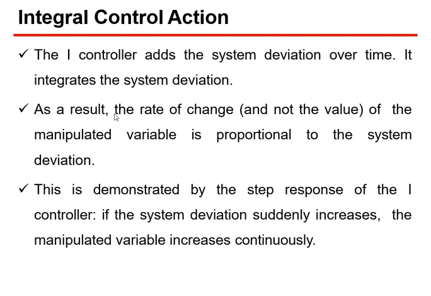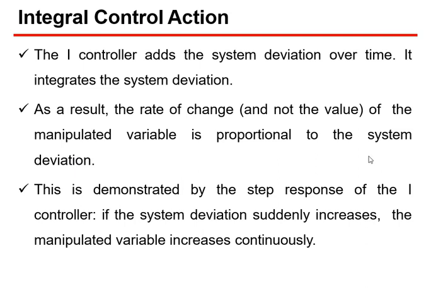As a result, the rate of change, not the value, is important. We are talking about the rate of change, not an exact value. So the rate of change of the manipulated variable is proportional to the deviation, meaning it takes the integration of that system deviation.